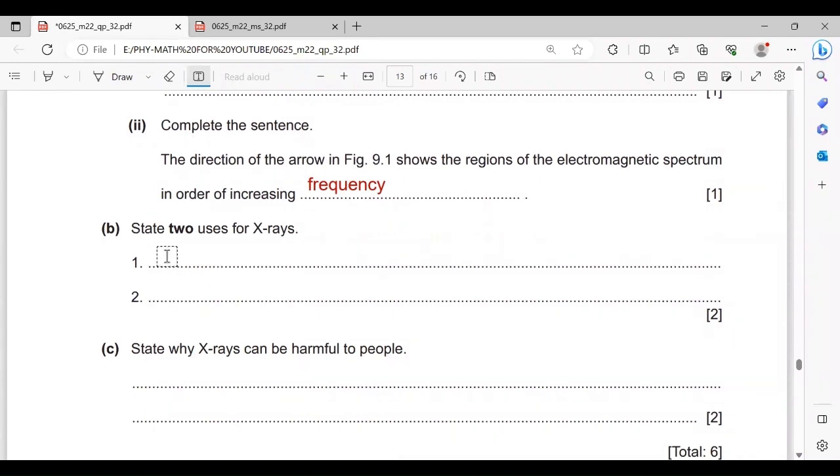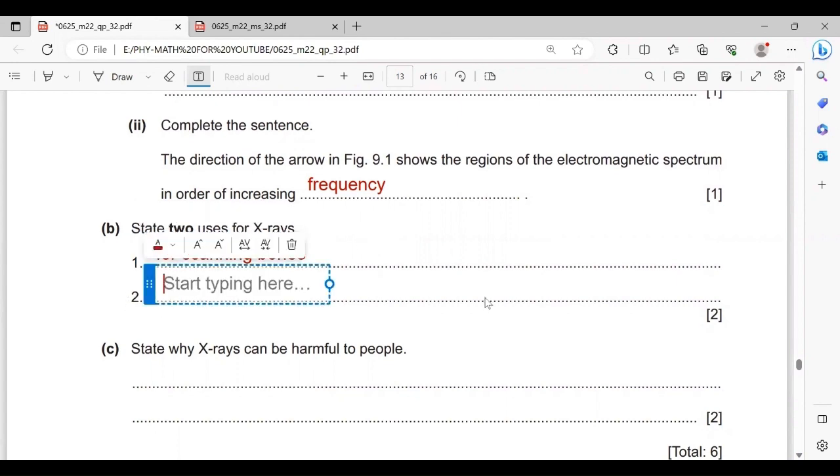Okay. Yeah, for scanning bones, and then yeah, oh yeah, for treating cancer. Okay.